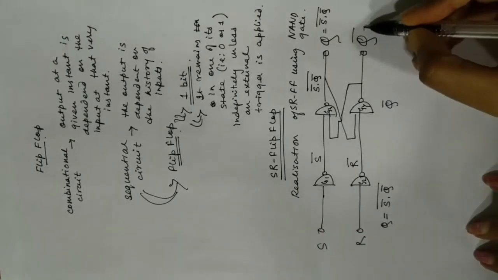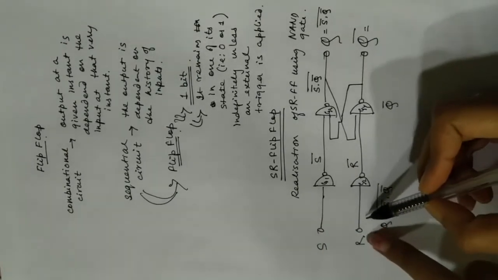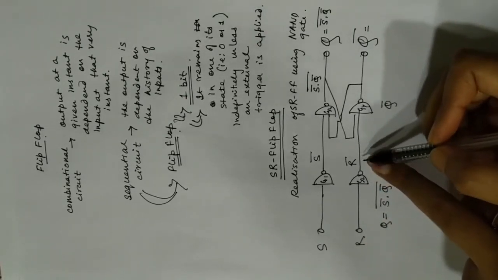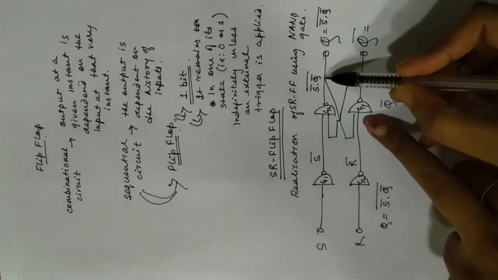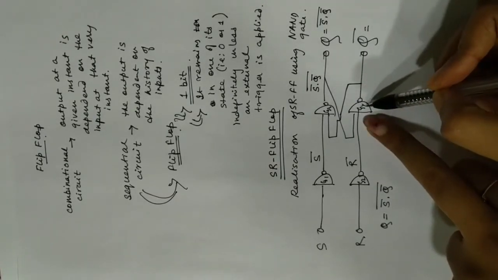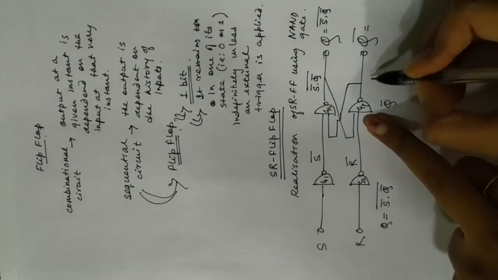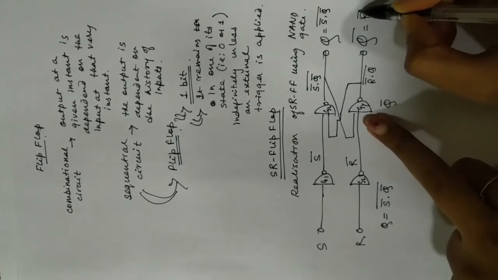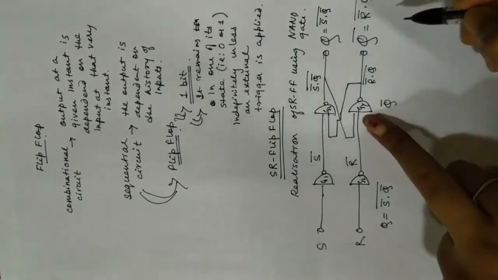Now let's see what Q bar comes up to. We have R passing through a NAND gate, and here it becomes R bar. This R bar and Q, which has been taken from the output, are fed back to gate G4. So it comes out to be R bar dot Q, whole bar.